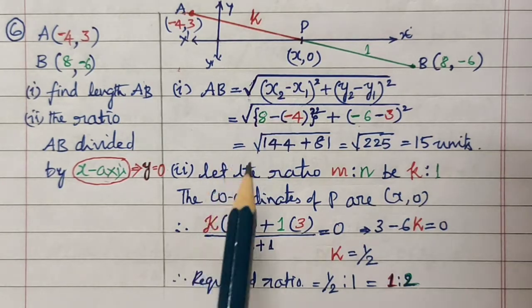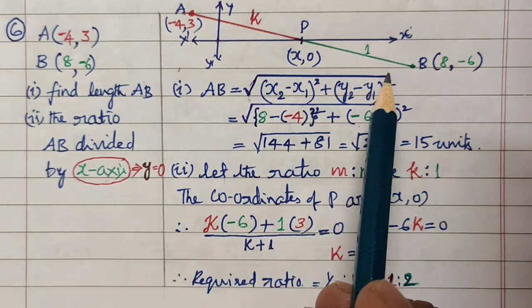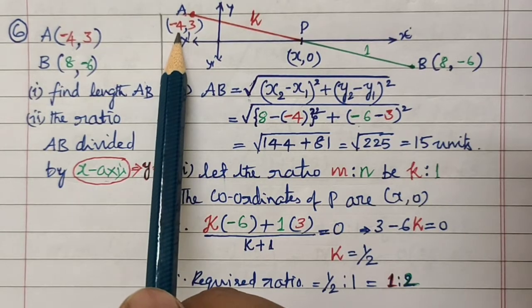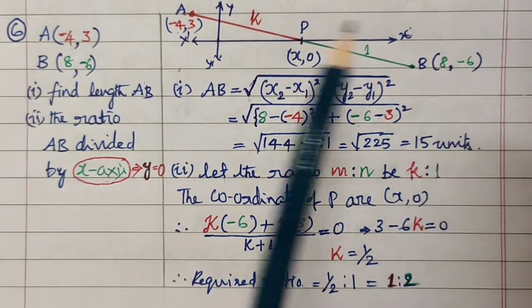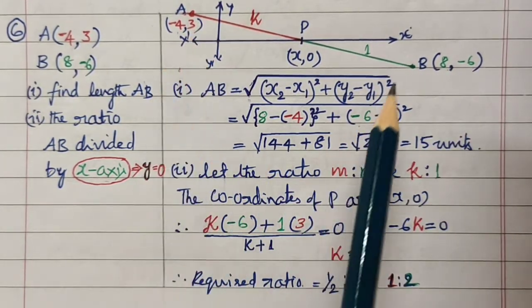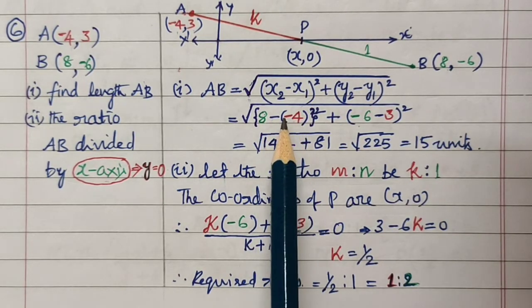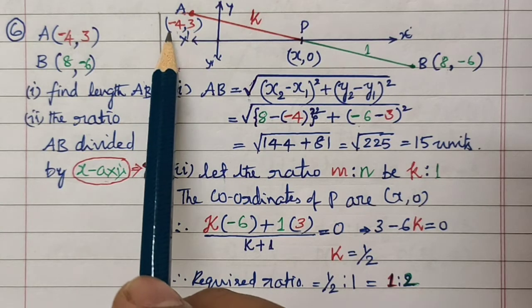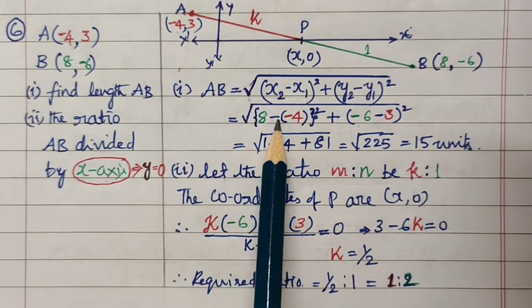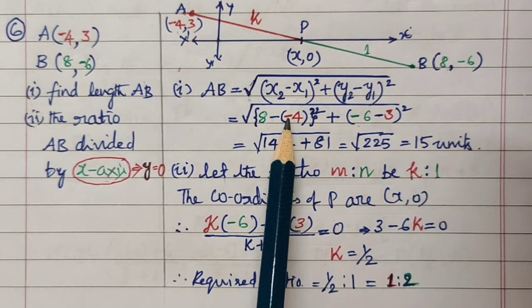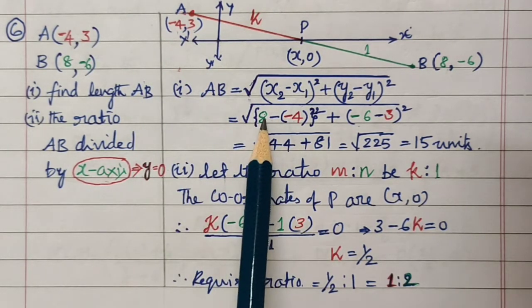First, the length AB. AB is given by the square root of (x2 minus x1) whole square plus (y2 minus y1) whole square. x2 is 8 minus of minus 4. You need to be very careful when they have given the minus value, to make you confused or make you wrong. Everybody uses 8 minus 4.